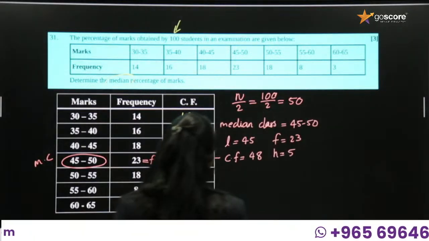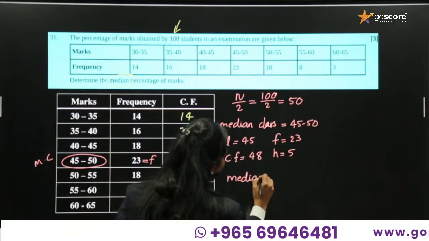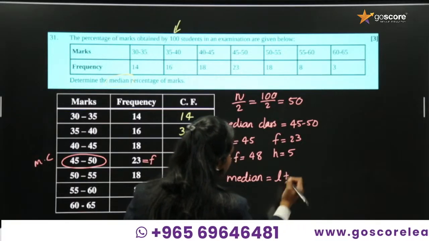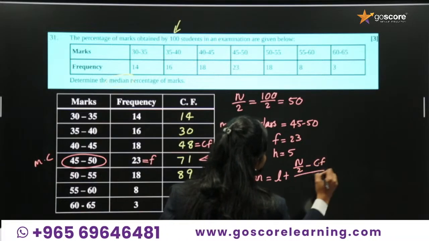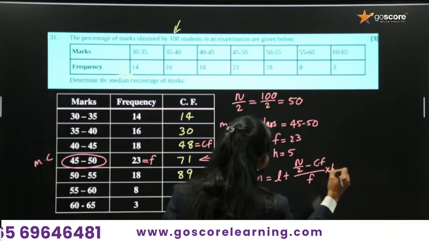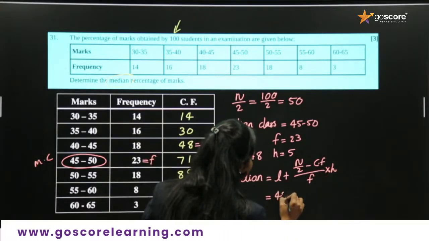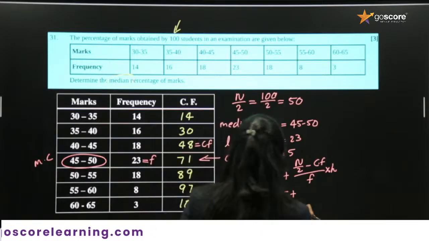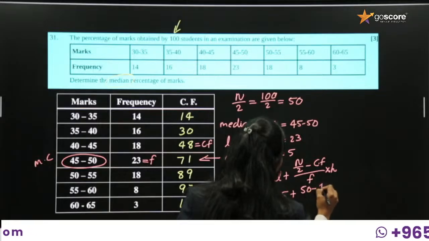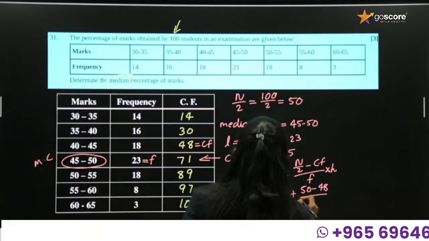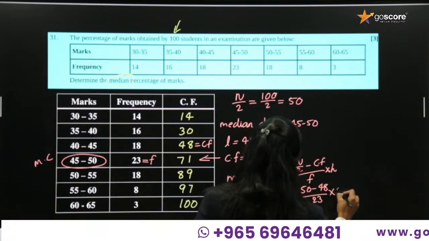Now we will write the formula to find the median. That is, median is equal to L plus (N by 2 minus CF) divided by F, into H. So now we will substitute that. L is 45. 45 plus N by 2 is 50, 50 minus 48, divided by F is 23, into H is 5.